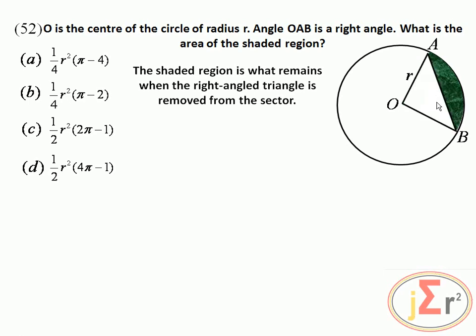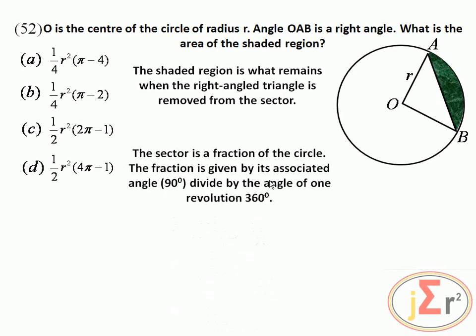So the area is what remains when we take the right-angled triangle, and of course it's right-angled isosceles, from the sector. That's what the shaded region represents.